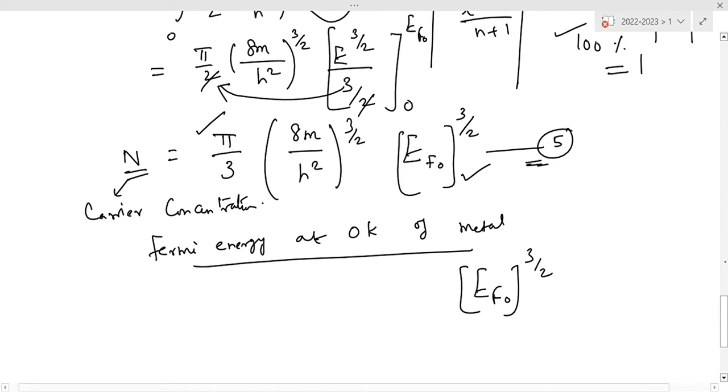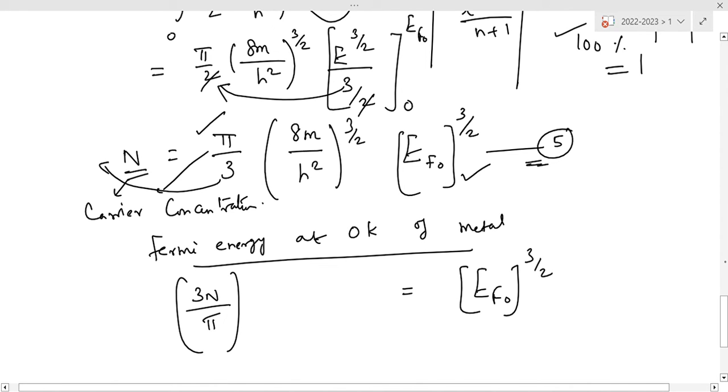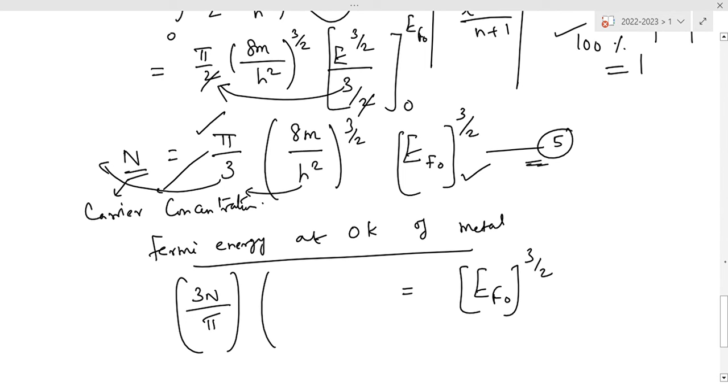The remaining can be taken over the other side, that is 3n by pi, and then this is taken over the other side as 1 by, therefore I am writing it as h square by 8m the whole power 3 by 2.